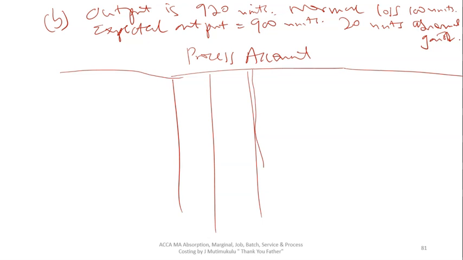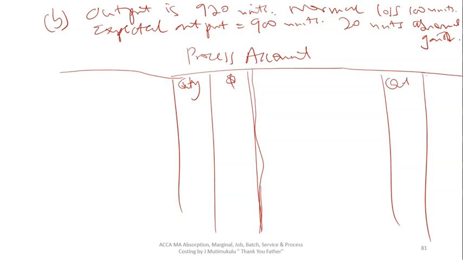The normal loss or normal gain, abnormal loss or abnormal gain, they are valued at the cost of good units. All right. So we are having the quantity or units produced, and then the dollar, quantity, dollar. This is the debit, this is the credit.